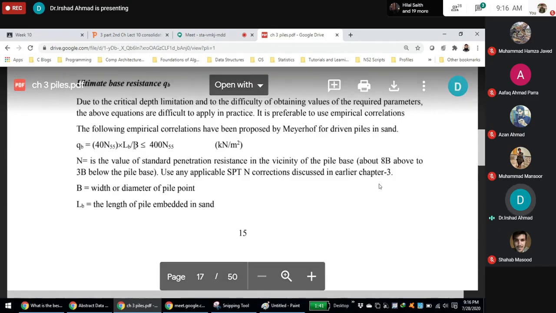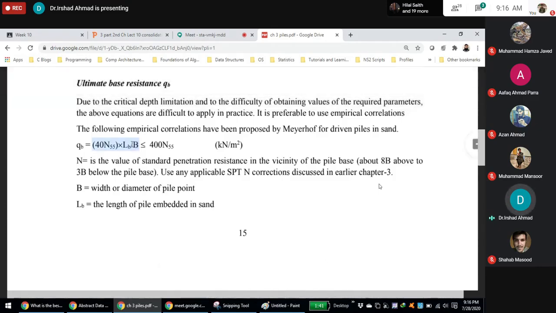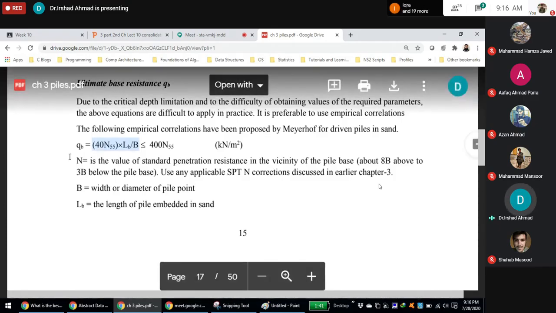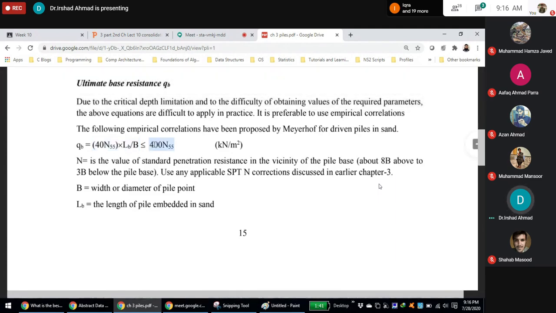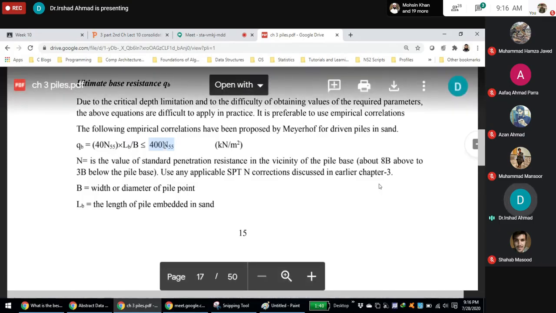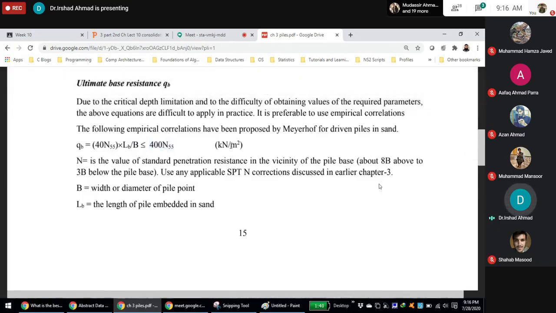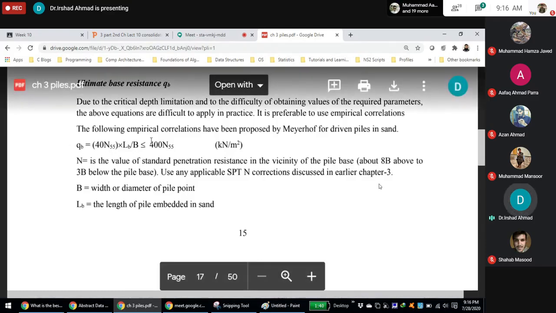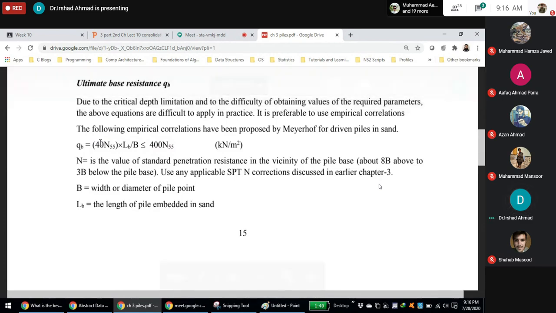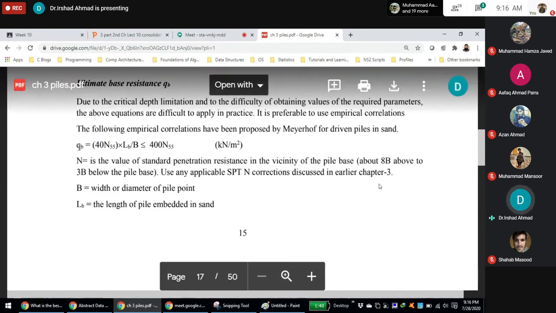B is the diameter of the pile. You use this equation to find QB, but the maximum value of QB has to be 400 into N55. The value of QB should never be more than 400 into N55 kilonewton per meter square. This is for driven pile. For bored piles, you divide the value of QB by 3. One third of this value should be used for bored piles.